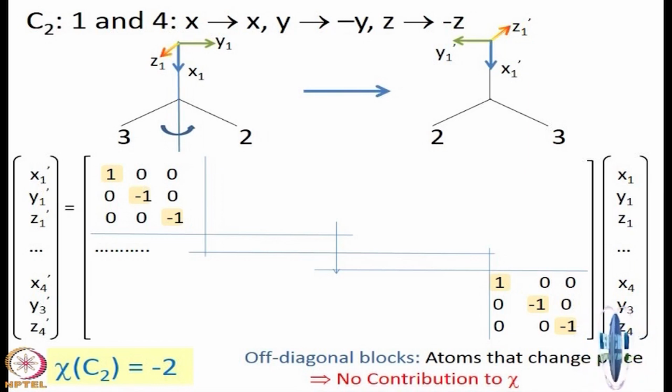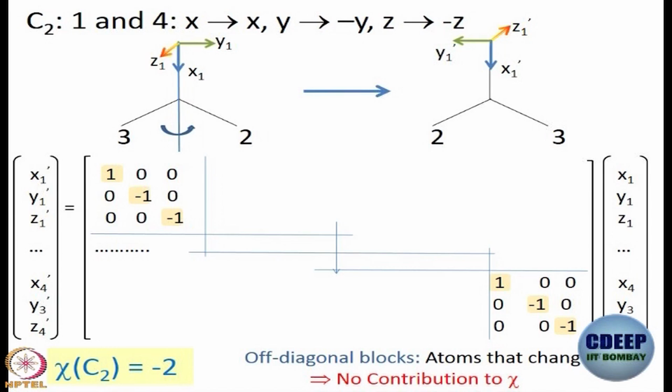So, tell me then what happens to x1 as a result of C2? What is x1 dash? Same. What is y1 dash as a result of C2 operation? Minus 1 is the character. What about z1 dash? It becomes minus, right.